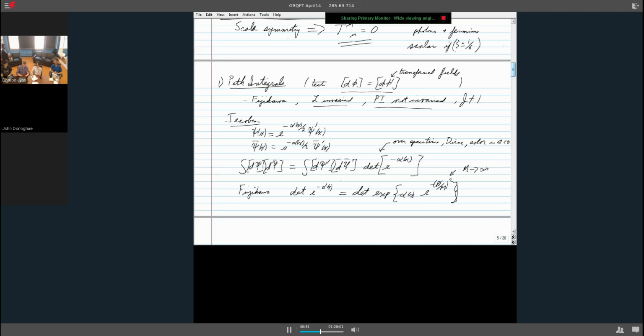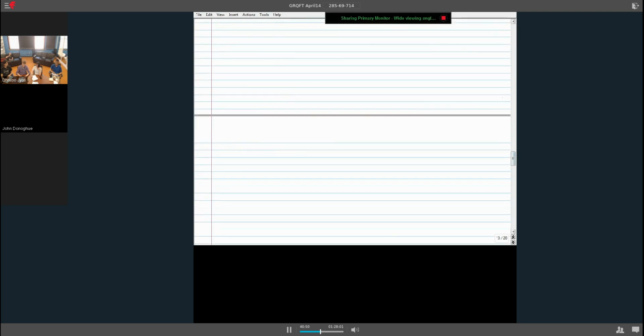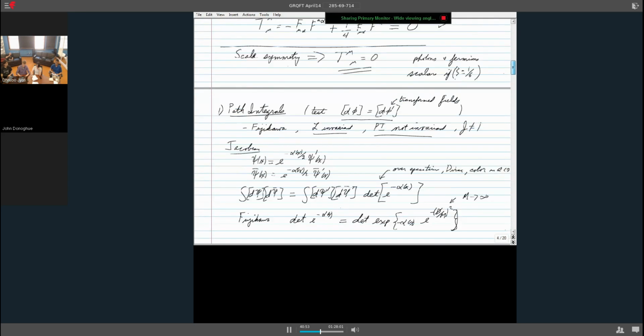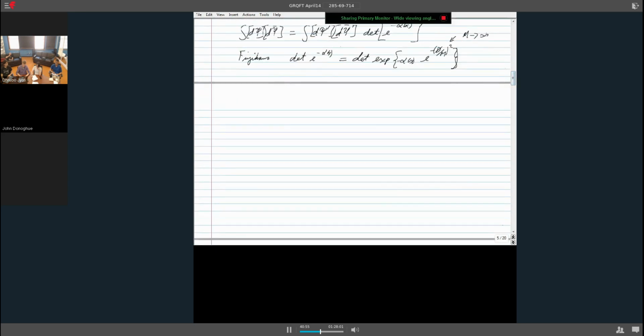So Fujikawa basically said, if this is so well defined, I can take that determinant and write it as the determinant of, well, let's make it exponential, then, alpha of x minus alpha of x e to the minus d slash over m, quantity squared.